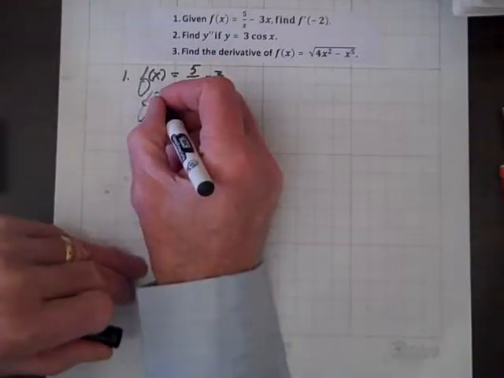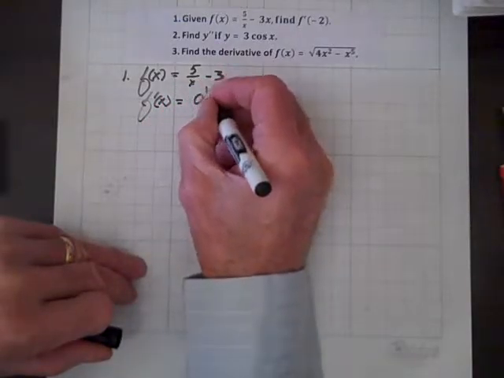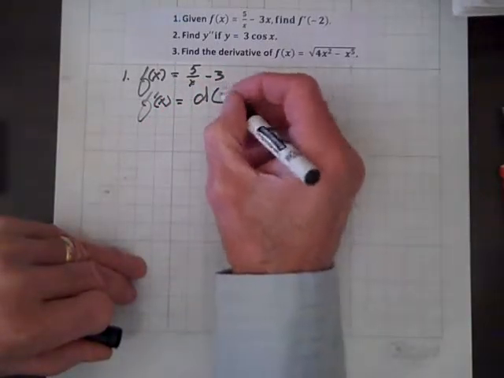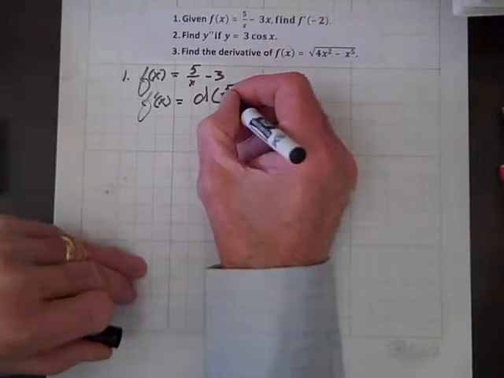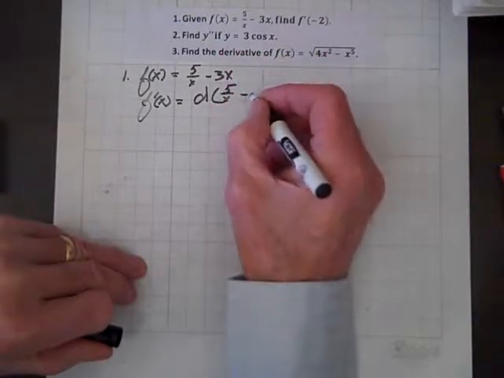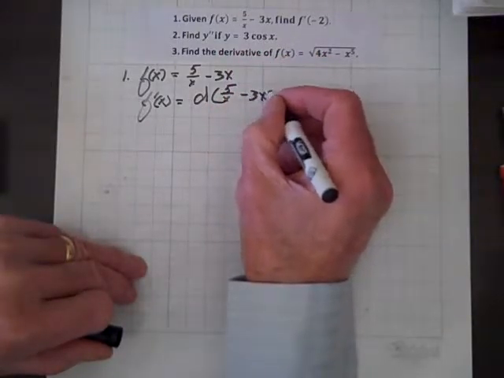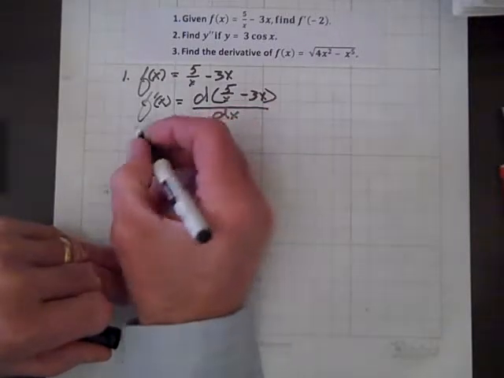So f prime of x equals the derivative of 5 over x minus 3x with respect to x.